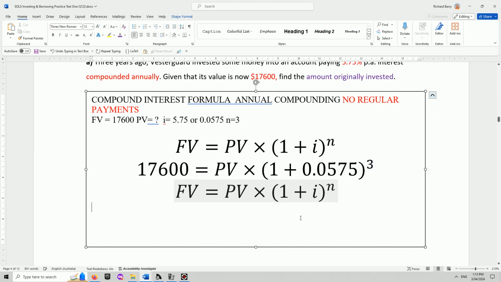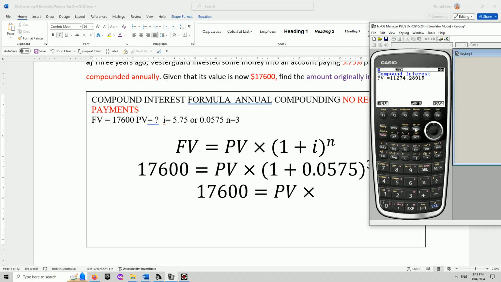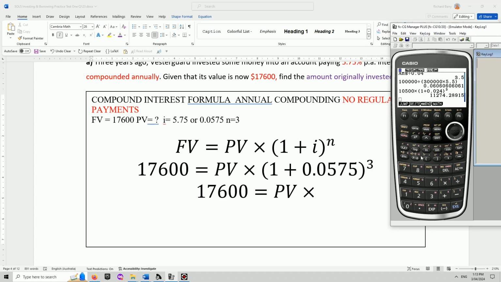Now let's find these two things as numbers. What is this as a number? It's easiest to work it out first using normal calculations. Then we'll do this one using the finance method.